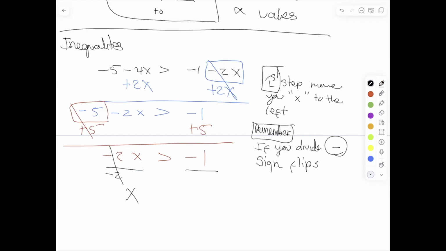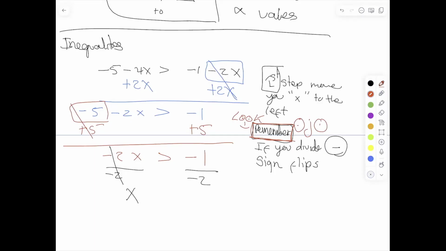So this becomes x. And this is -2. But remember, what did I say here? Look over here. What did I say? If you divide by a negative, the sign flips.